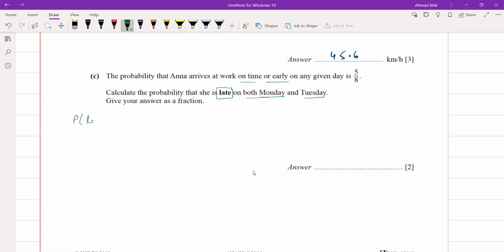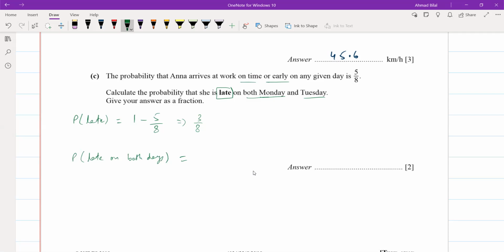So let's find the probability of being late. Probability of being late, that is 1 minus 5/8, है ना? Because टाइम पे होने की या टाइम से पहले होने की प्रोबेबिलिटी 5/8. टोटल प्रोबेबिलिटी 1 होती है, तो लेट होने की प्रोबेबिलिटी क्या हो जाएगी? That is 3/8. Now the probability that she is late on both Monday and Tuesday.